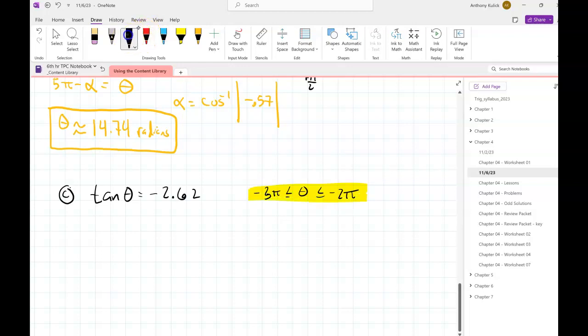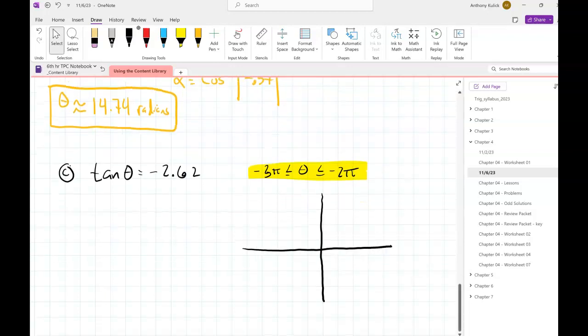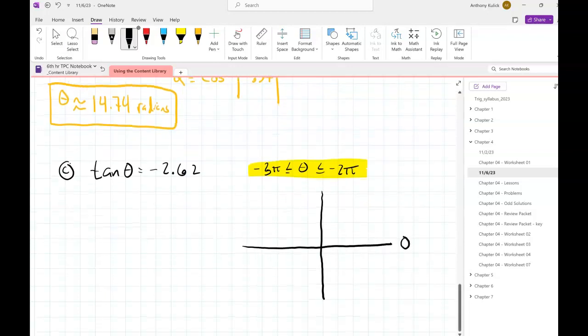So first things first, let's figure out where this is going to lie. So 0, and then because it's negative angles, I'm rotating clockwise. So this is negative pi over 2, negative pi, negative 3 pi over 2, negative 2 pi.